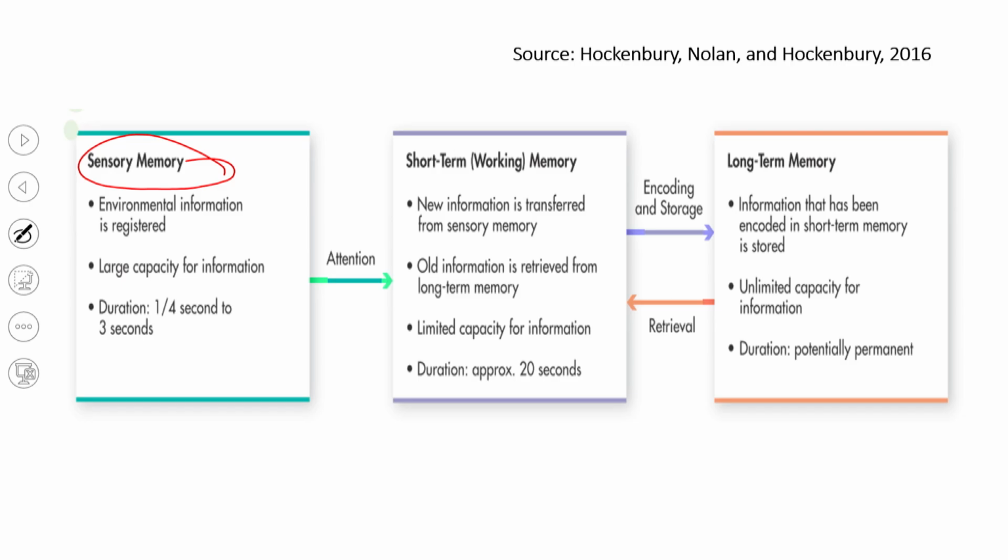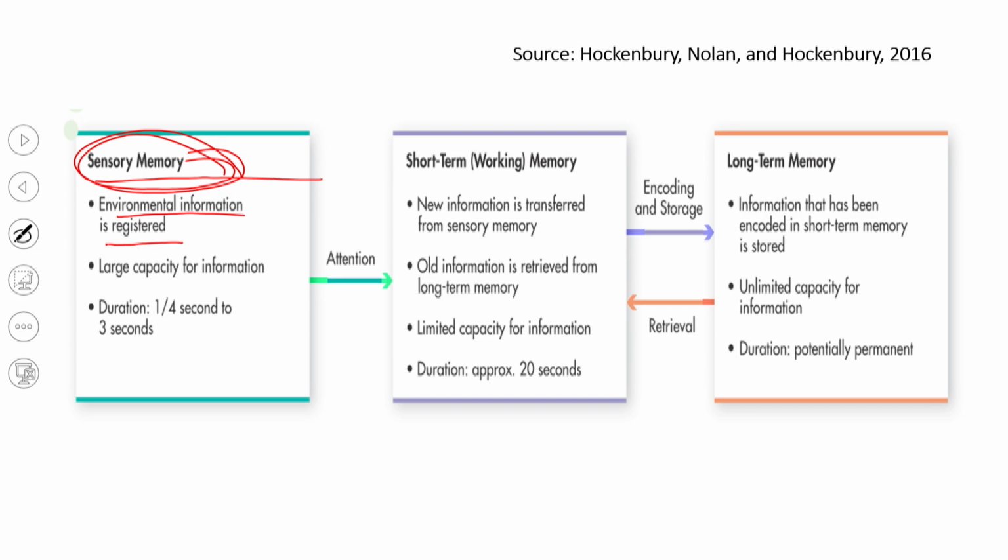For example, whenever we hear something, our ear also retains it for a very brief moment of time. So, the initial process, whenever we see or hear any information, is called sensory memory. Here, environmental information is registered through sense organs.